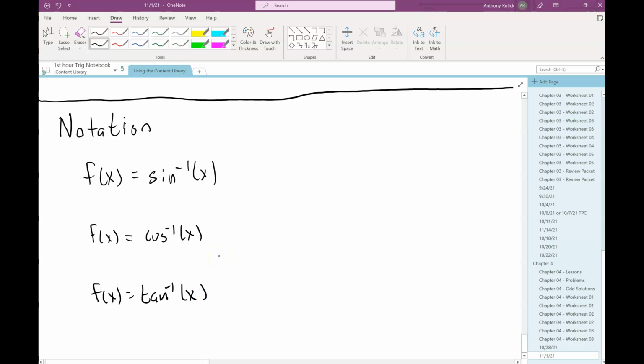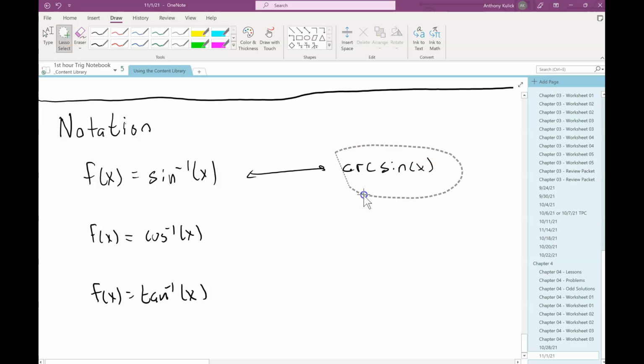So last time we defined these three inverse functions: sine inverse, cosine inverse, and tan inverse. And this was the notation that we used to describe them, using this -1. Now there's another older notation that's still used, maybe not commonly, but not infrequently either. That older notation is just using the prefix arc.